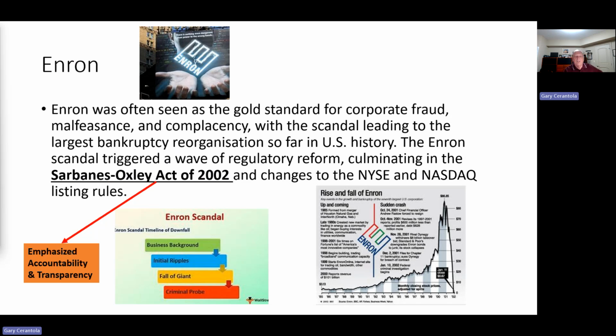And as a result, from an accounting point of view, the U.S. instituted the Sarbanes-Oxley Act of 2002. It was a whole listing of rules which was overwhelming for small and medium-sized businesses. So sometimes the rules come across just for the people who violate, and then everyone else suffers, right?